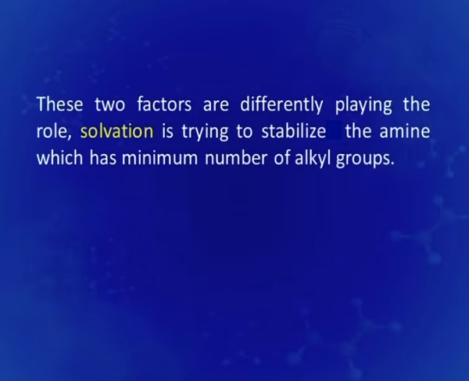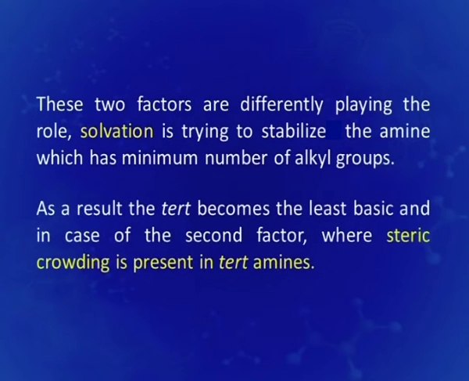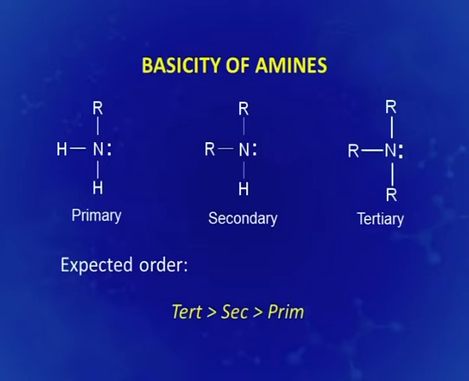These 2 factors play their roles differently. Solvation is trying to stabilize the amine which has the minimum number of alkyl groups. As a result, the tertiary becomes the least basic. In the case of the second factor, steric crowding is present in tertiary amines. If we look into the previous slide, we know that there are 3 alkyl groups.